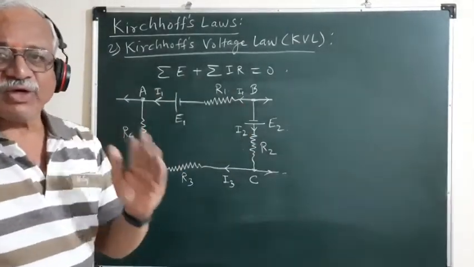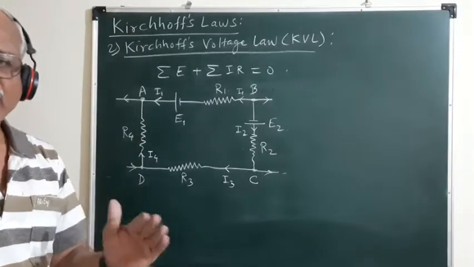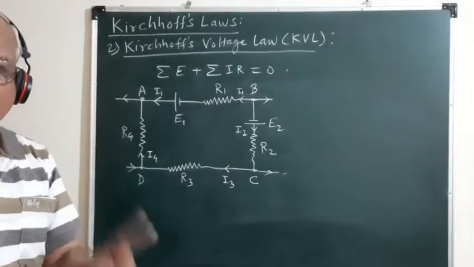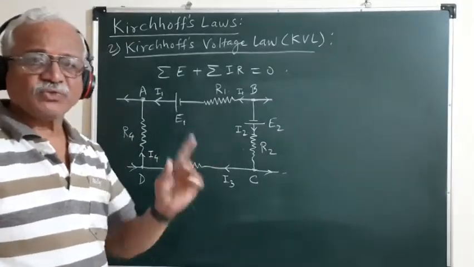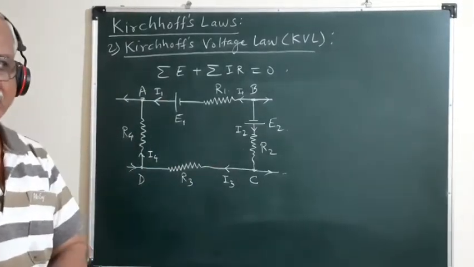Whenever we want to apply Kirchhoff's voltage law to a given loop, first we have to decide the direction in which we are going to trace the network.